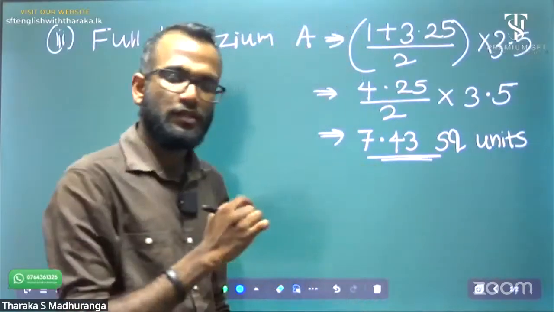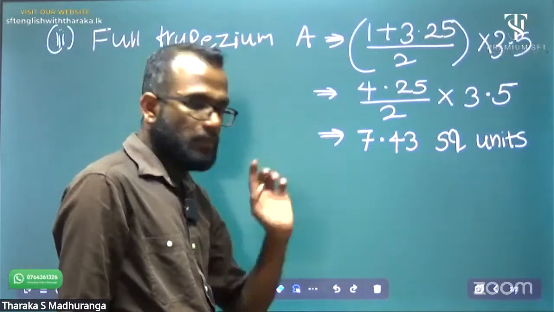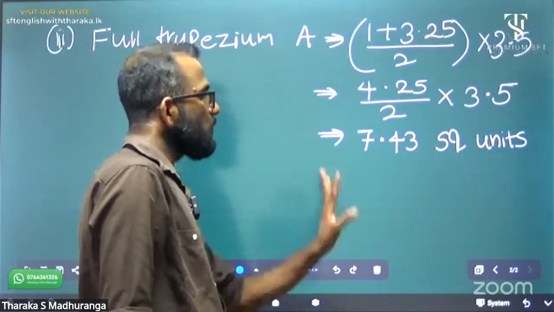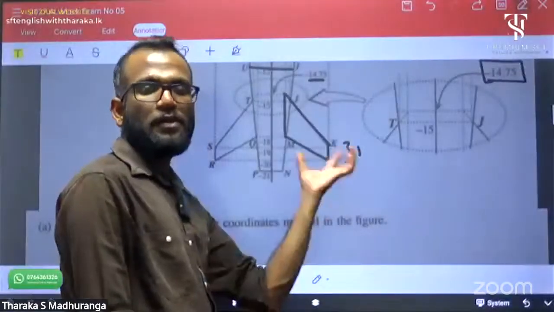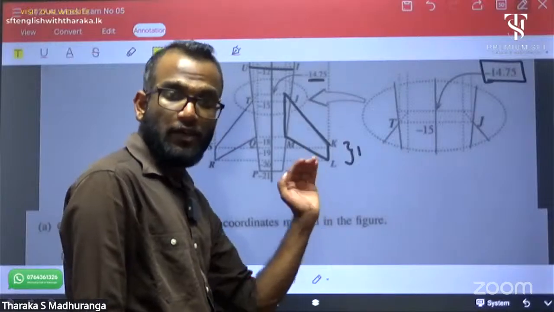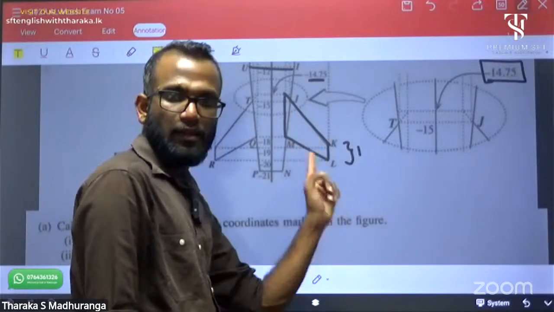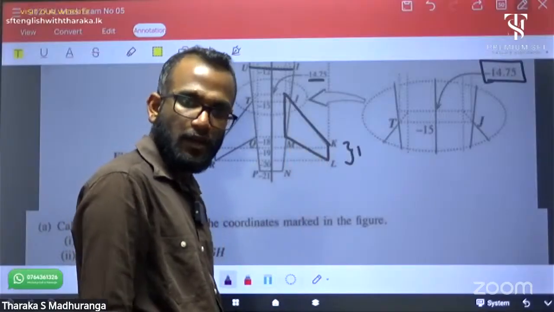7.43 square unit. Sorry, it is not the answer. It is the trapezium area, but it is not the rear wing area. JKLM. Right?